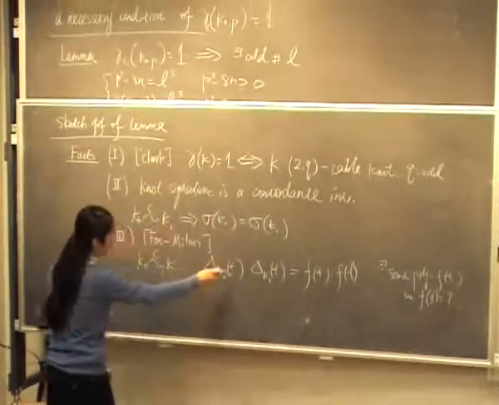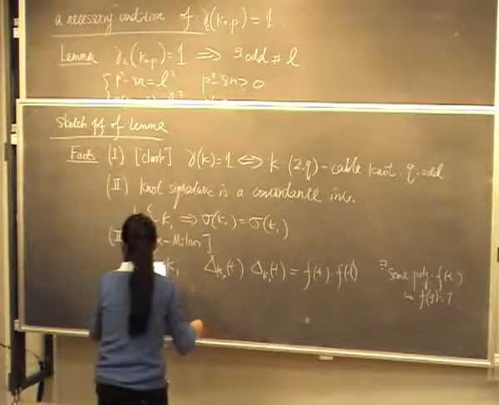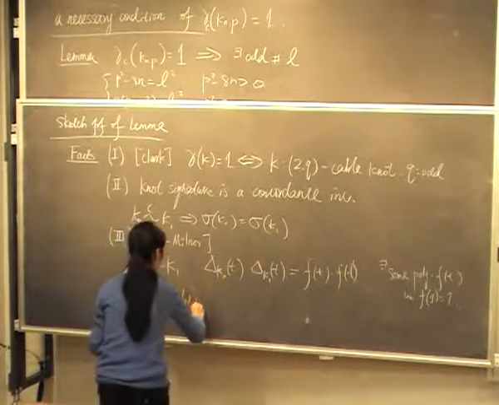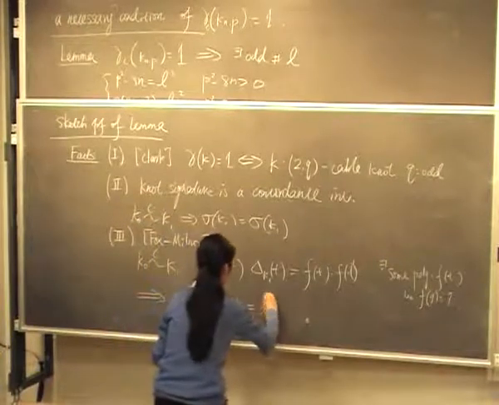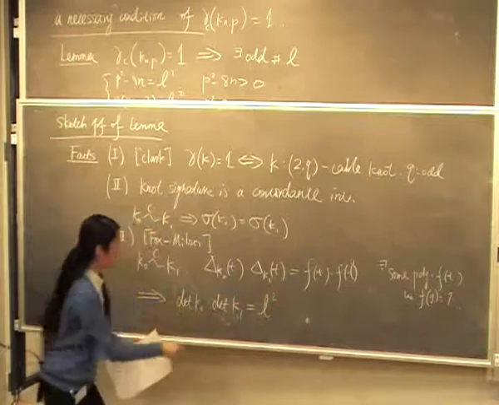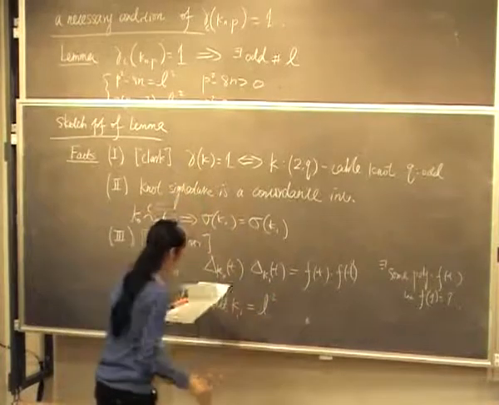And by replacing t with -1, it follows that the determinant of K0 times the determinant of K1 is a square. So here you can see the L in our lemma comes from here.